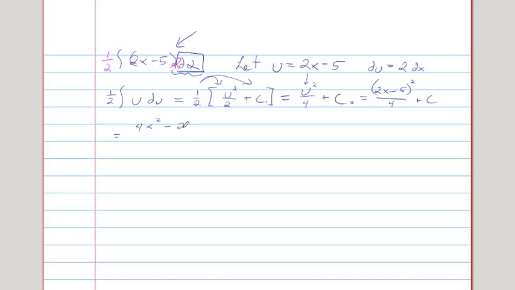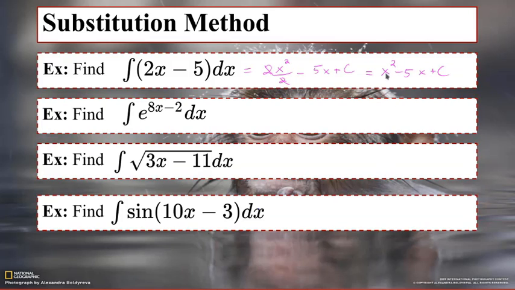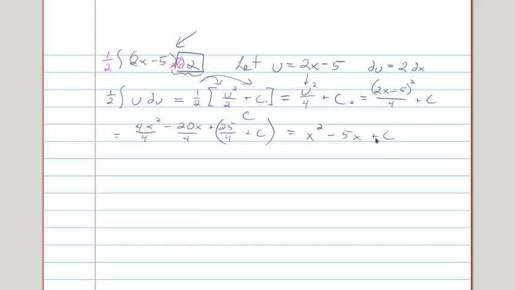So this is going to give me minus 20x, and then finally plus 25, it looks like. And I'll put each of these over 4. And again, I'm going to use that trick: when I add a constant to a constant, I just get a constant. So this is going to become my new c. And indeed, we have x squared minus 5x plus some constant, which is what we had up here. X squared minus 5x plus a constant.